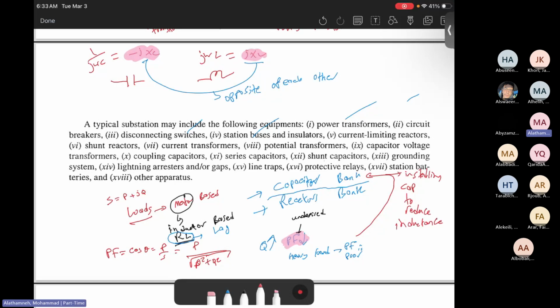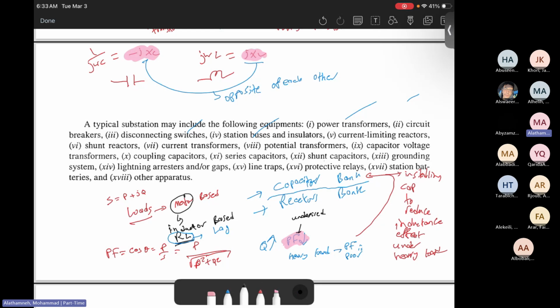And this happens under heavy load. When we have a light load, it's not necessary because inductance will be low, therefore we need to disconnect them. So as a result, capacitor banks can be switched on or switched off, depending on the status of the load. They can monitor the load. If we have a heavy load, it will be turned on. If we have a light load, it will be turned off.